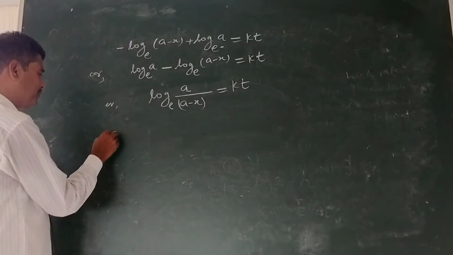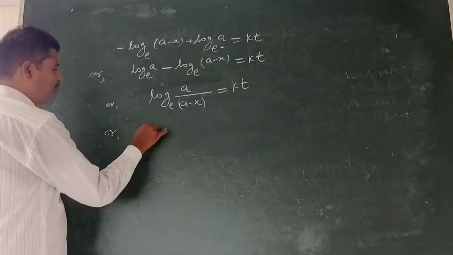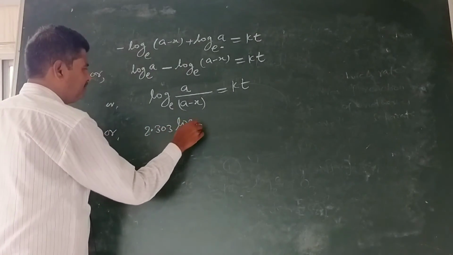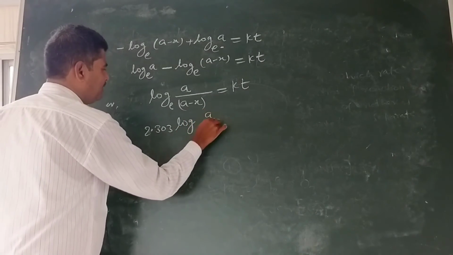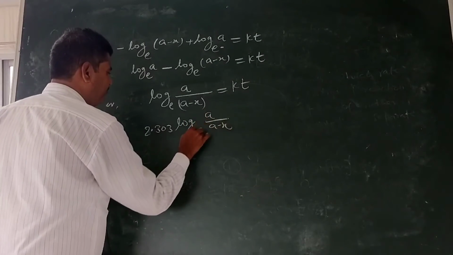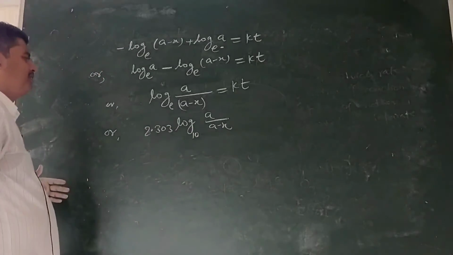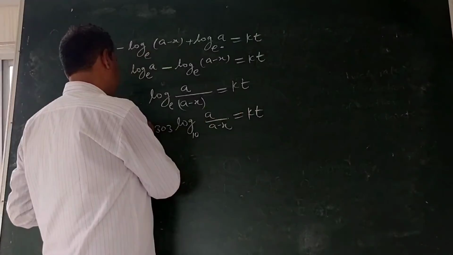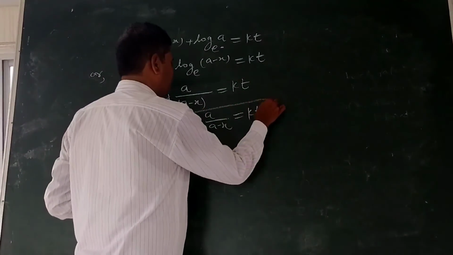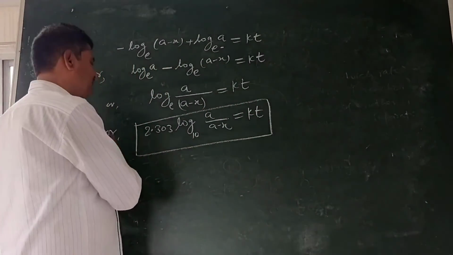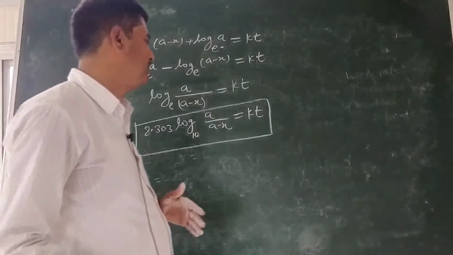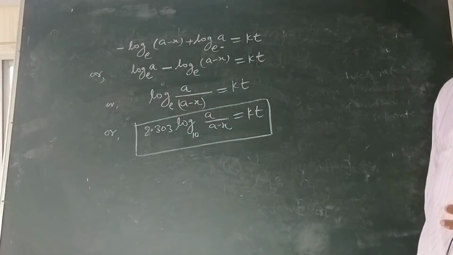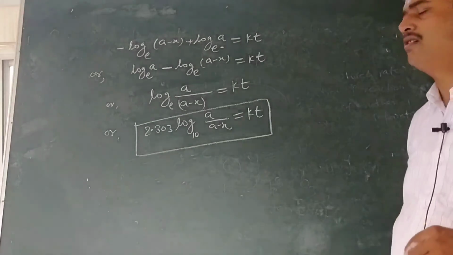So this may also be written as 2.303 log A upon A minus x base 10 is equal to kt. So this is the expression for the velocity constant in a first order reaction.